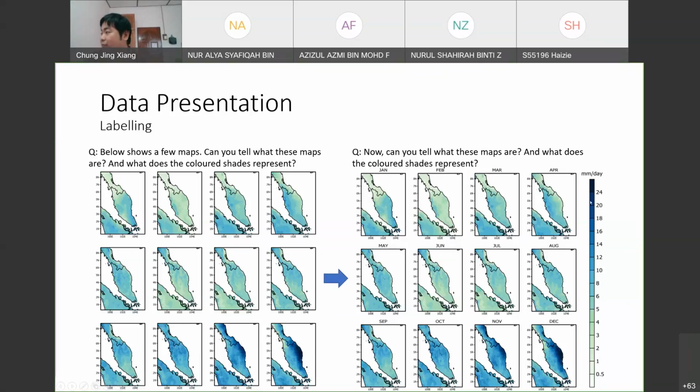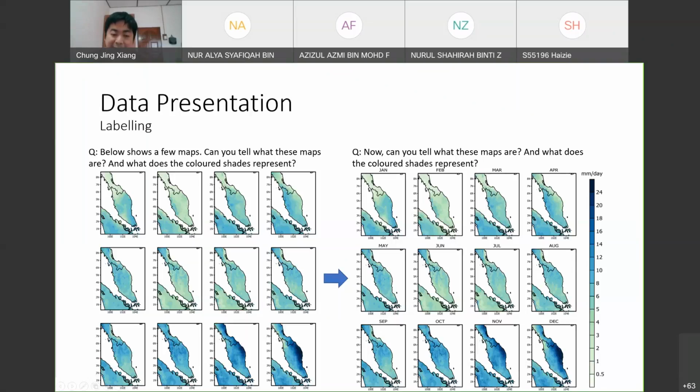When you look at this very blackish blue, you will know it recorded rainfall of more than 24 mm per day. When you see something close to white or this pale greenish blue, you know the rainfall is maybe more than 0.5 but less than 1 mm per day. This is the importance of doing labeling.